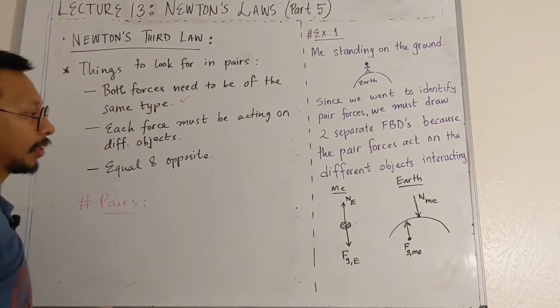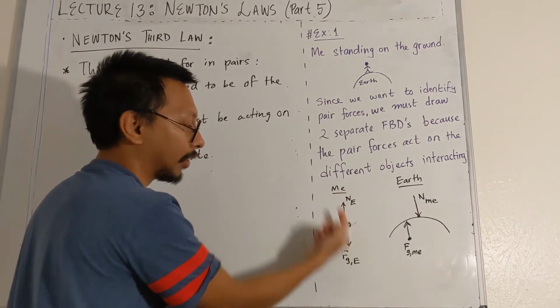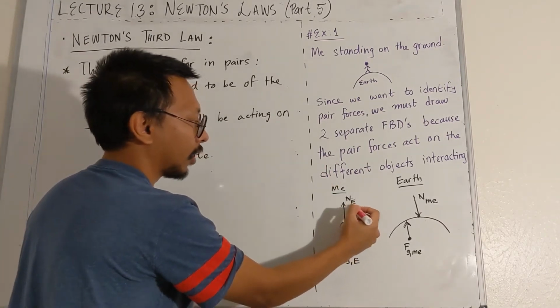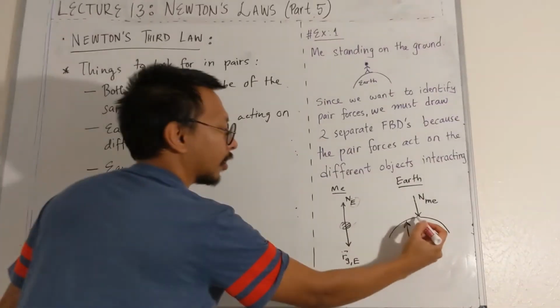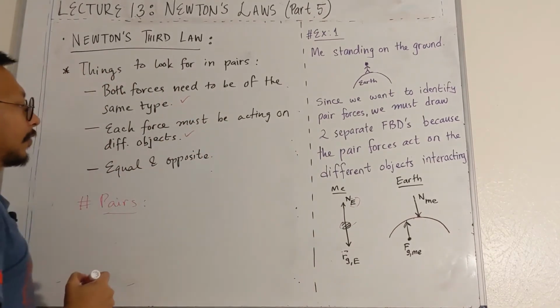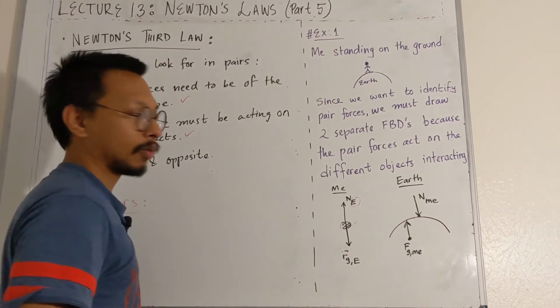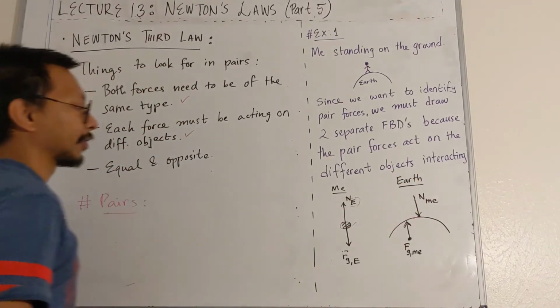Each force must be acting on different objects. The normal force acts by the Earth on me, and the other force acts on the Earth from me. Alright, so this is also satisfied, and they must be equal and opposite. Well, they are equal and they are in opposite directions.